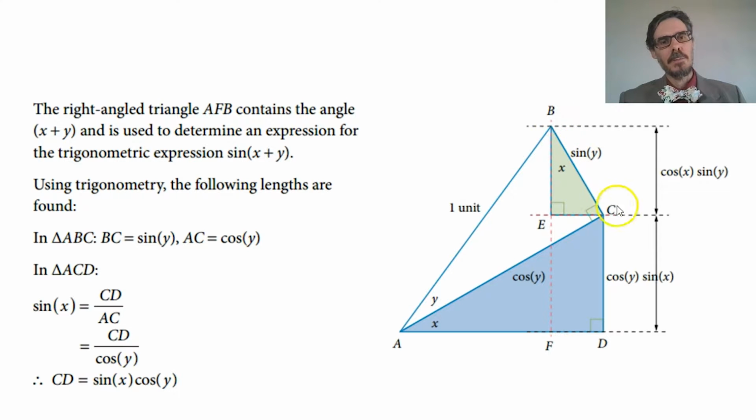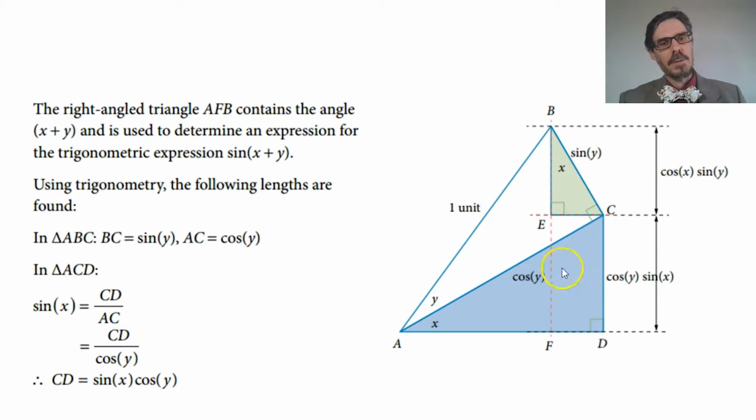If this is 1 and this angle's y, and that's a right angle, then this must be sine y. If that's sine y, and this angle, remember, is x, then this length must be sine y times cos x, adjacent to x. So this height, BE, is sine y cos x.